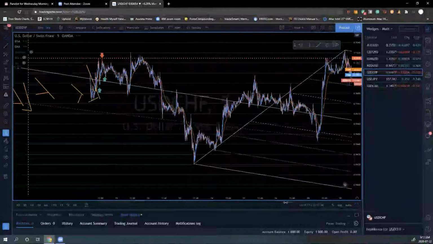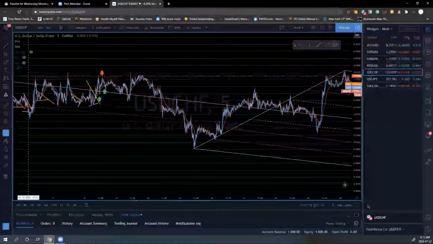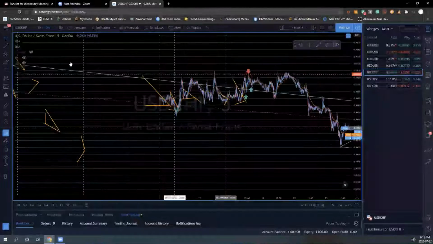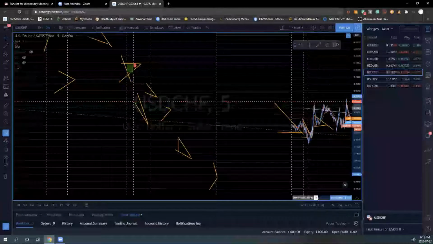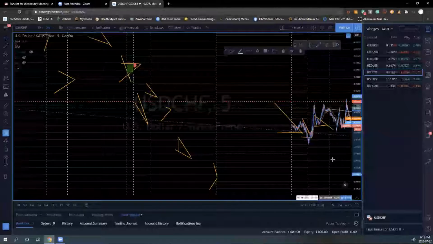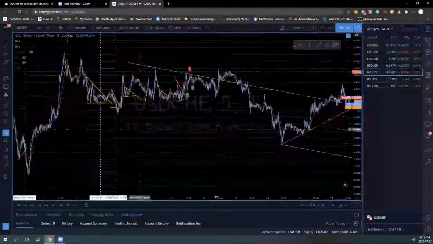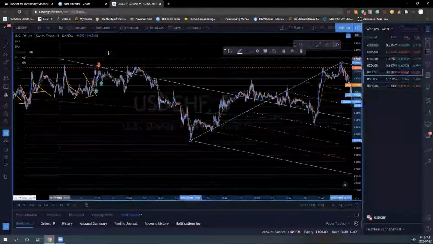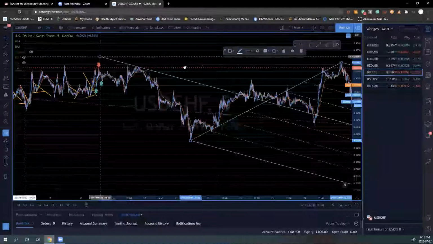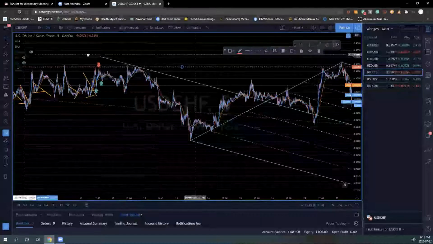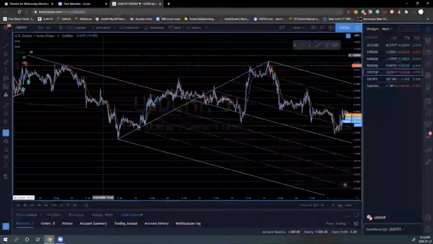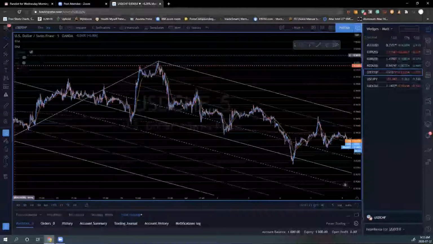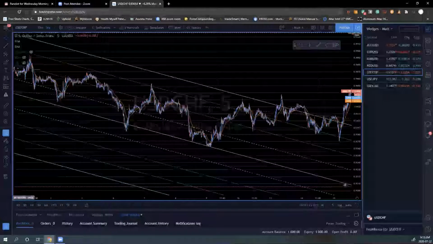Now, if you can remember a little bit about what it looked like prior to. Oh, that's way too long. Hold on. Let me shorten that. And then we'll adjust this a little bit. Right now, we still have strength to the downside of this.